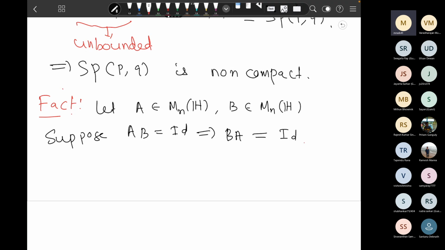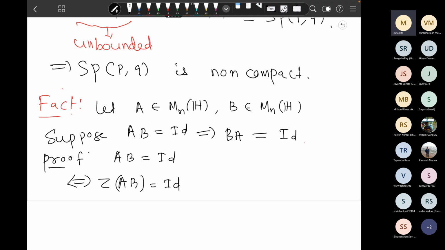This is clear, because the proof is very simple. AB is equal to identity. This implies Z of AB is equal to Z of identity, so ZA ZB is equal to identity.